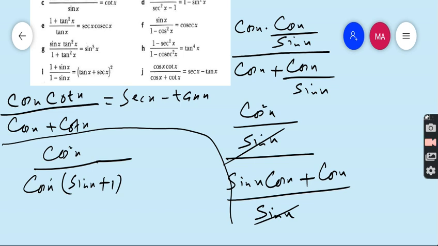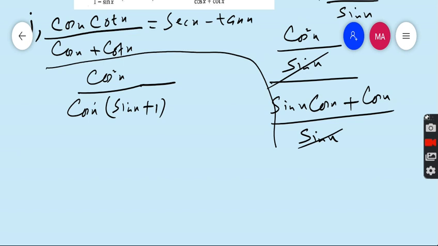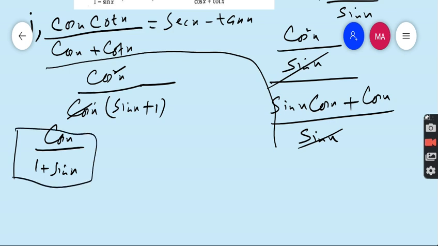This cos square x in the denominator can be written as, this cos cancels with this square, so the remaining function is cos x upon 1 plus sin x. So this is the end of left hand side.